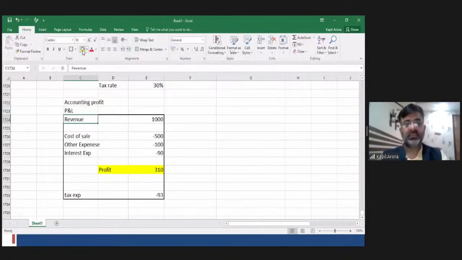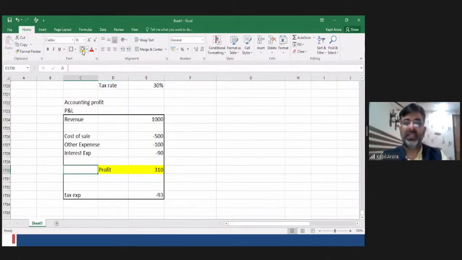Now my question is, whatever profit I have calculated for accounting purposes, will the tax department consider the same profit? Do we have the same tax rules as per the Income Tax Act? Do we have the same allowances, the same concept for everything which we are following in the accounting rules?